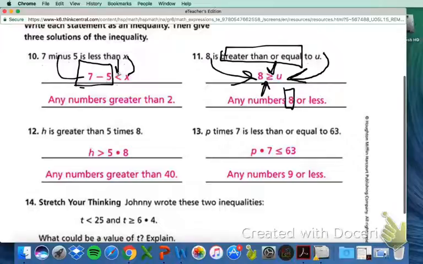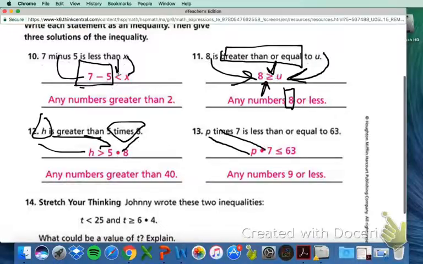H is greater than 5 times 8. Any numbers greater than 40, because 5 times 8 is 40. P times 7 is less than or equal to, meaning we got to have this little line under here, 63.